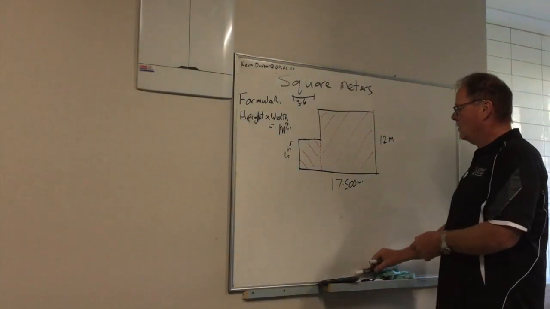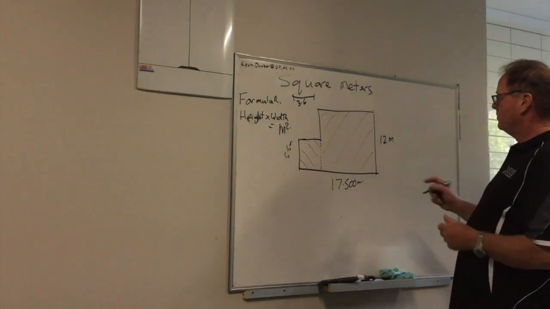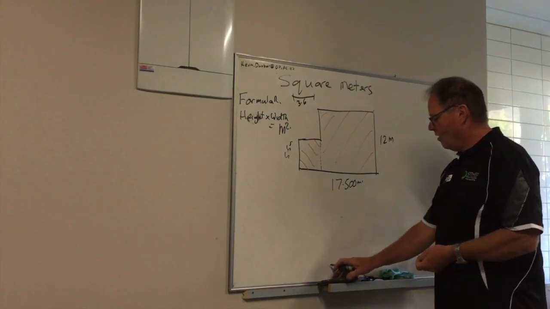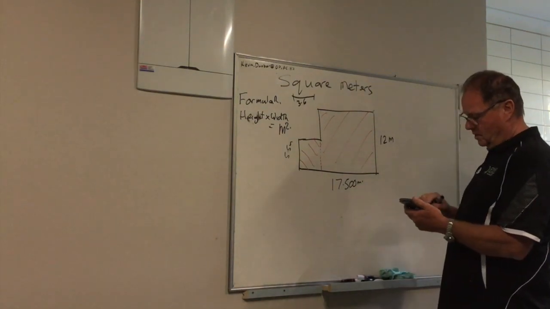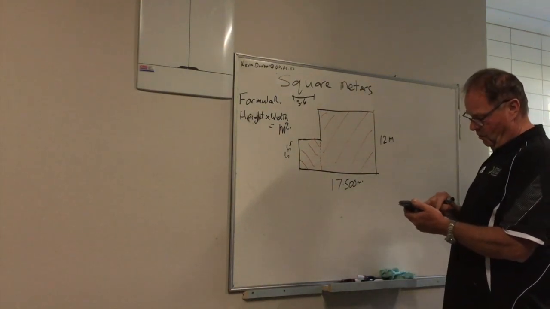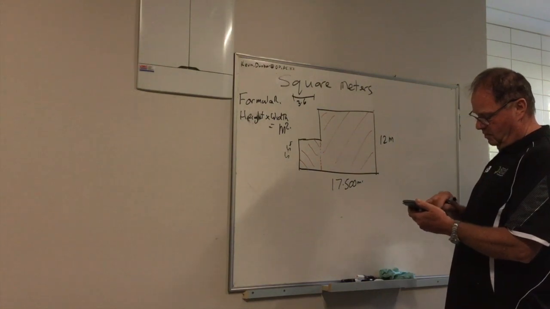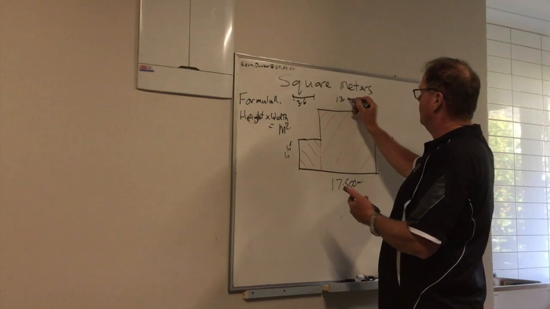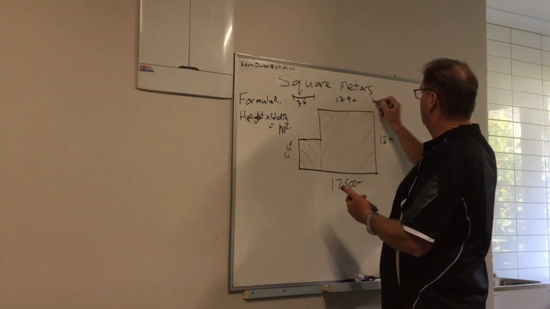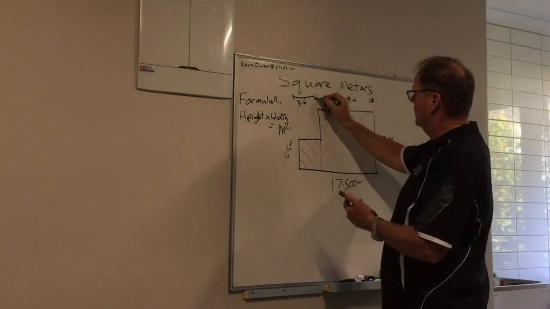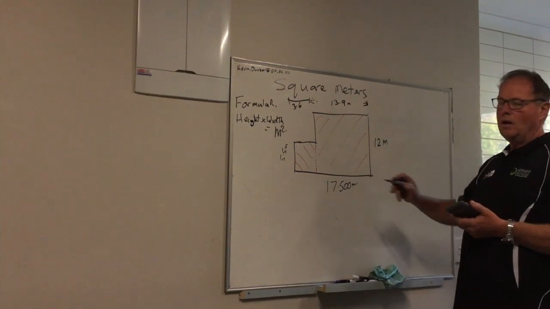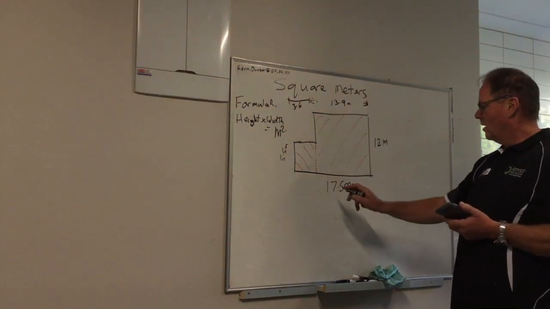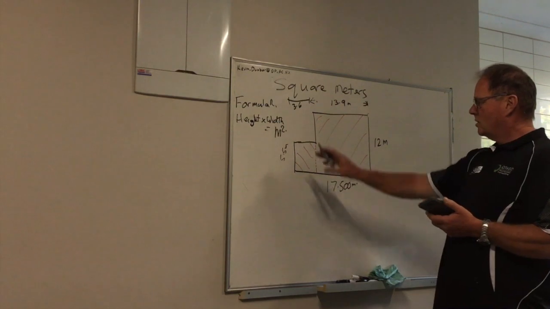What have we got here? 17.5 less 3.6 equals 13.9 metres from there to there. Now we can work out our big square first.